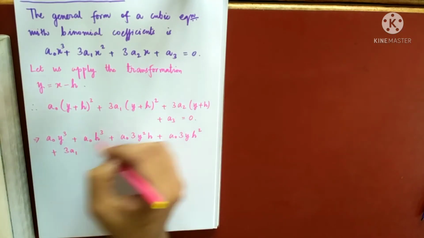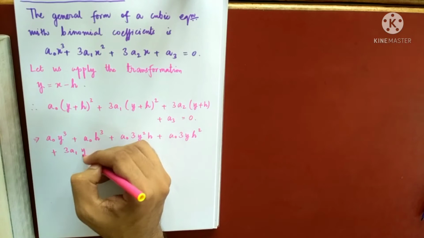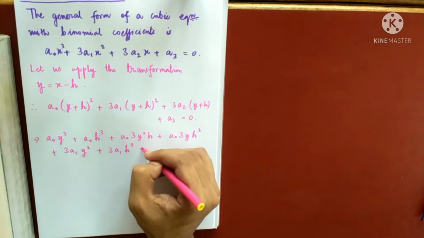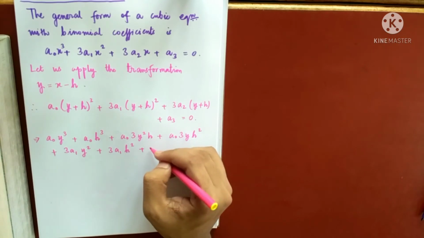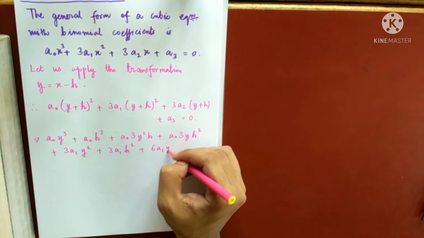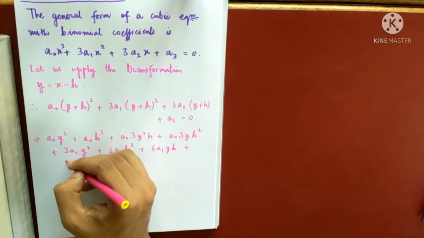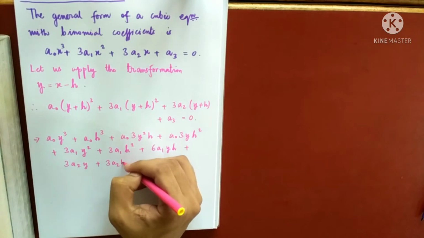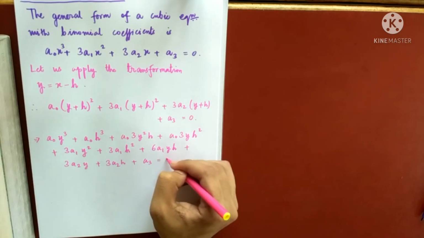So 3a1 into (y plus h) whole square, that is y square plus h square plus 2yh, so 3a1 y square plus 3a1 h square plus 6a1 y h, plus 3a2 y plus 3a2 h plus a3 equals 0.